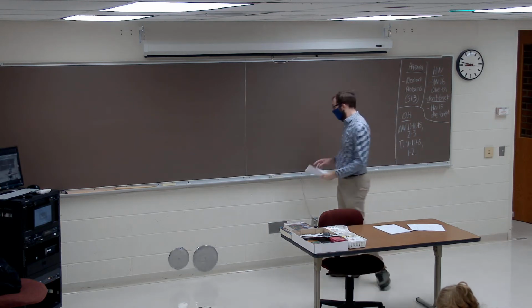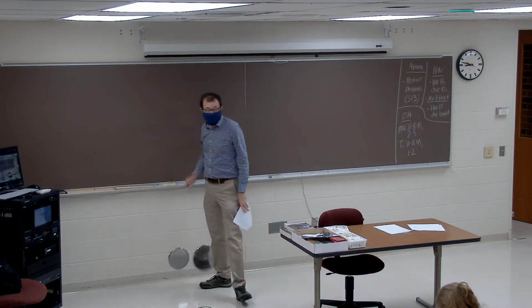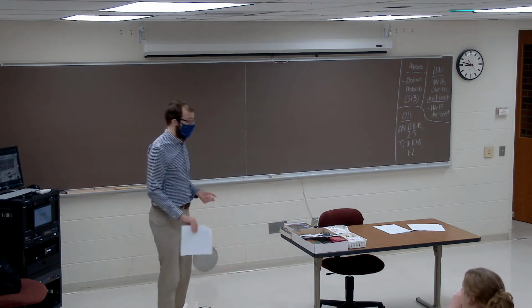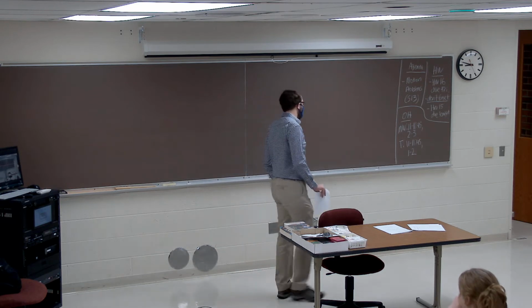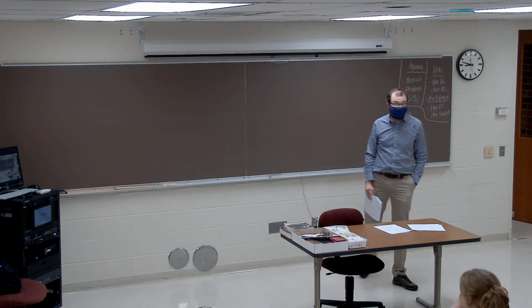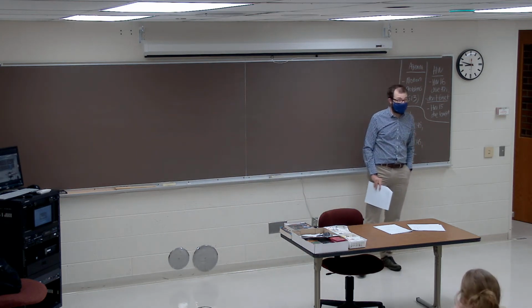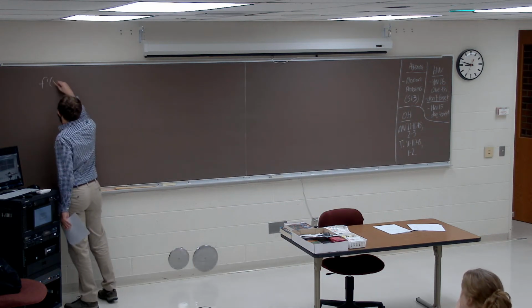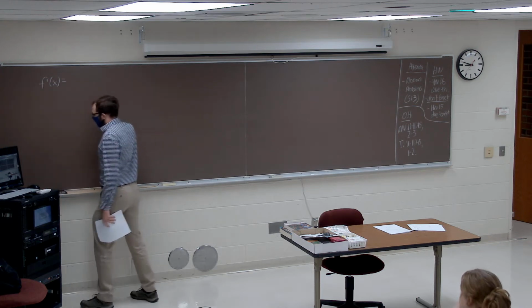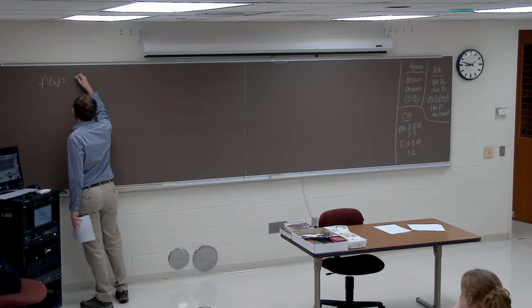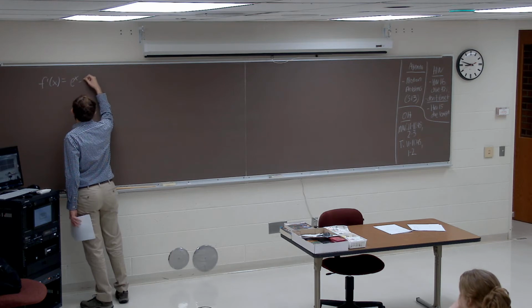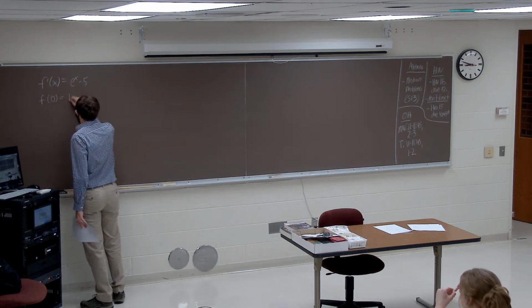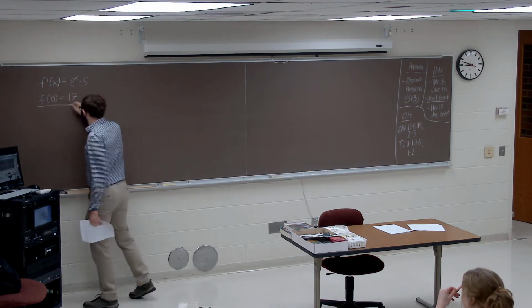Okay, so just for a little bit of review, when we left off last time, we had talked about initial value problems, which were problems where we know the derivative of a function and we know the initial value of a function. So let's say we were looking at something like f prime of x equals e to the x minus 5, and we know that f of 0 is equal to 17.